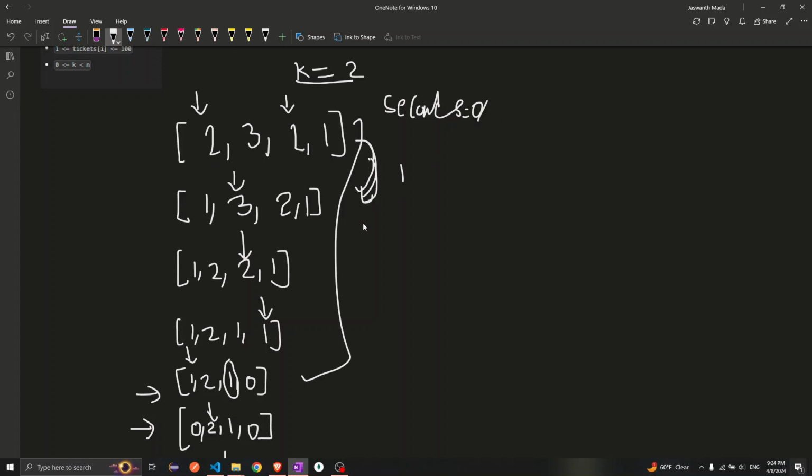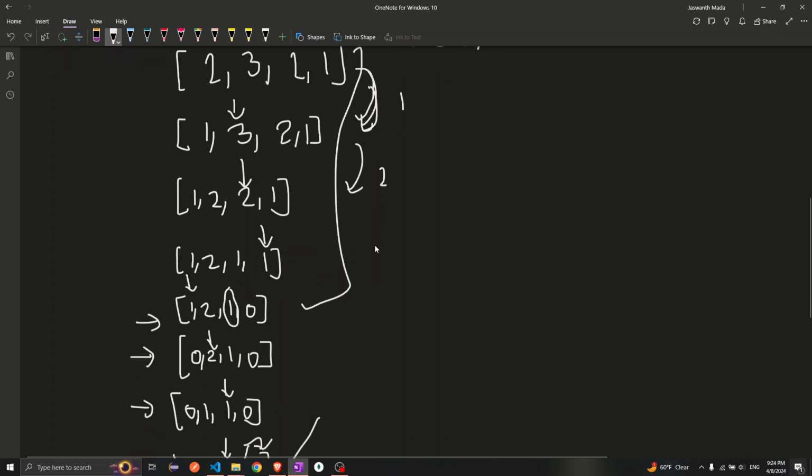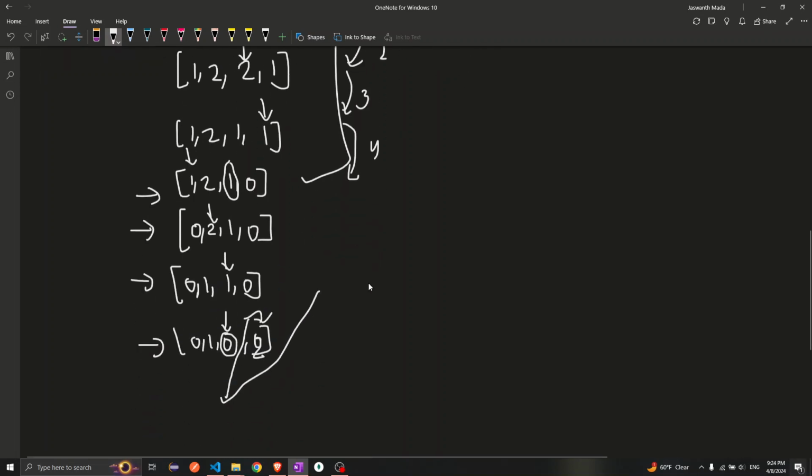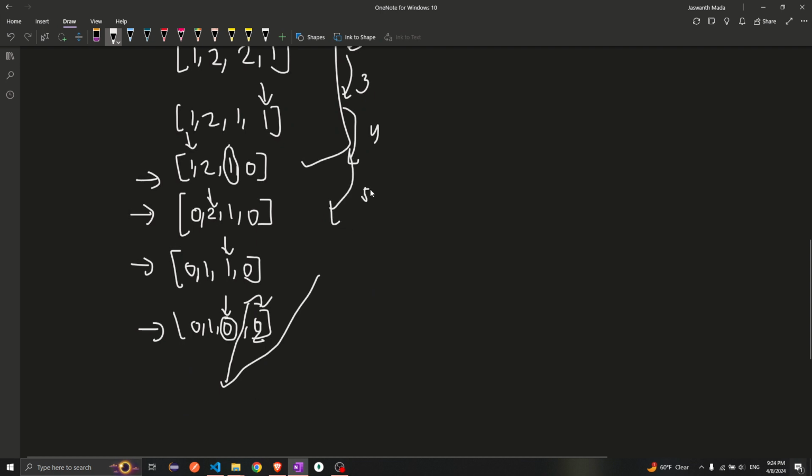At this transition it will become 3, then 5, 6, and here it will become 7. And when the person gets all the tickets he wants, we'll just return the number of seconds, right?